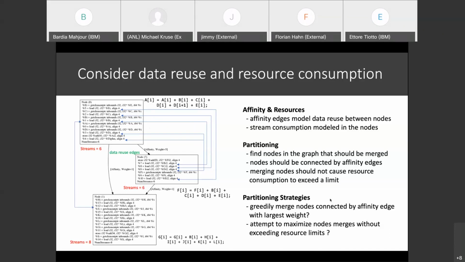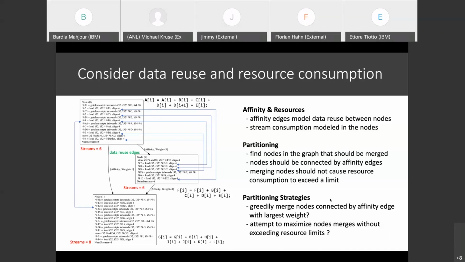And when we try to merge them, we try to figure out if we are exceeding the resources. So in this case, we have 6 streams used by the first node, 6 streams used by the second node, but some streams overlap. We can detect that. So we infer that by merging these nodes, we are going to use 8 streams, and that's actually still within the limit.